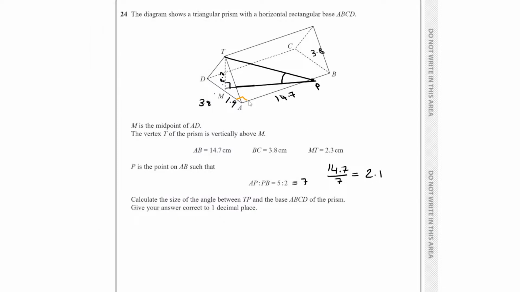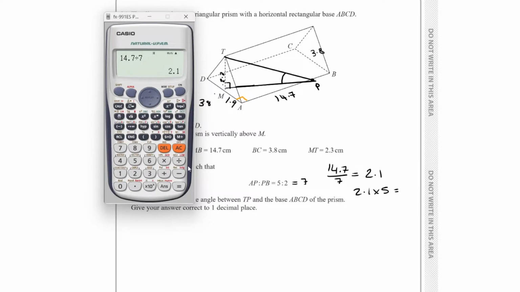Now, the side that we want is AP, which is the bigger side. It's the 5 parts, isn't it? Divide by 7 times by 5, exactly. So 2.1 times 5, you could probably do that in one calculation rather than 2, which I think is 10.5. Yeah, 10.5.